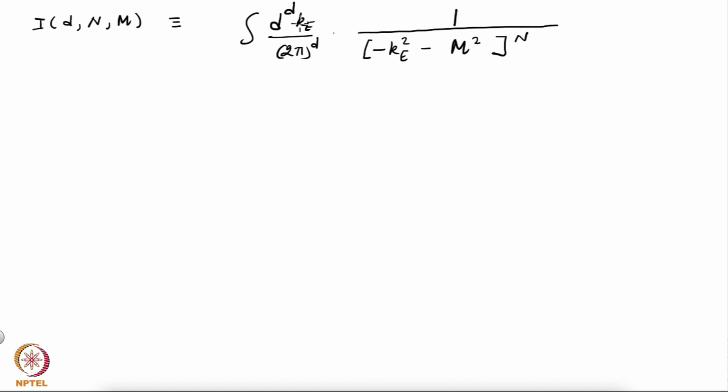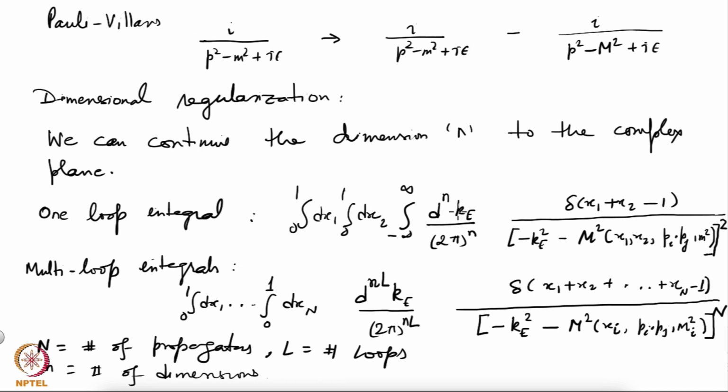Okay, so if you are looking at a one loop integral, then d is equal to n. But if you are looking at a multi-loop integral, then d is equal to n times L.